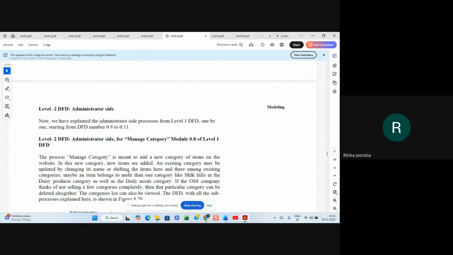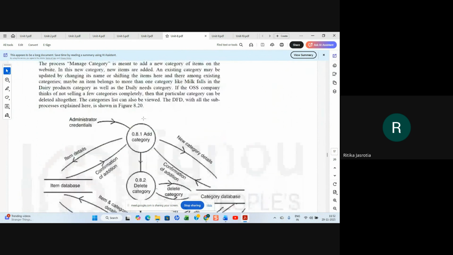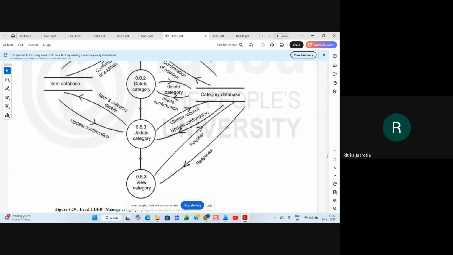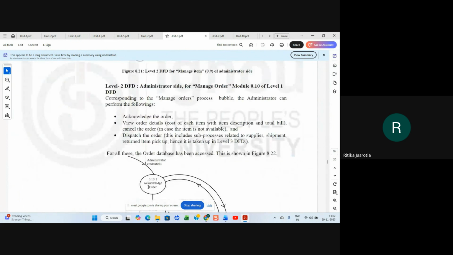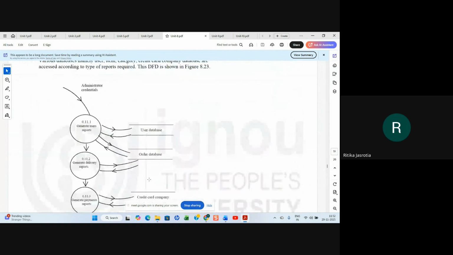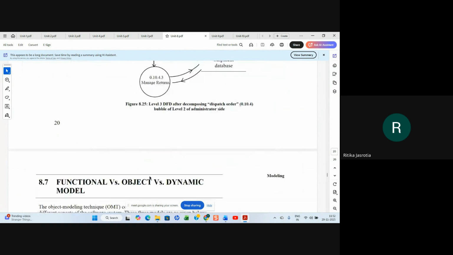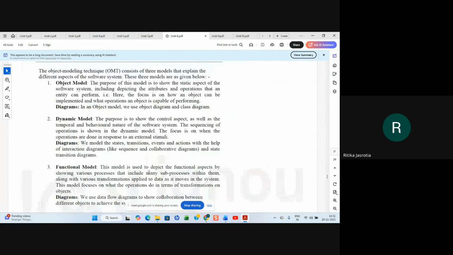Then the administrator side also they are explaining manage category: add category, delete category, update category, view category. This kind of thing. So that is there, they are explaining.